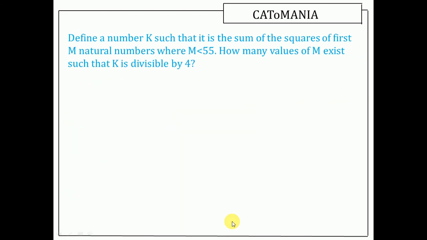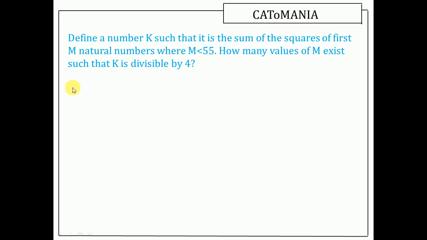Okay, let's do one more question just to ensure that we are perfect with the idea. Define a natural number k such that it is the sum of the squares of the first m natural numbers, where m is less than 55.